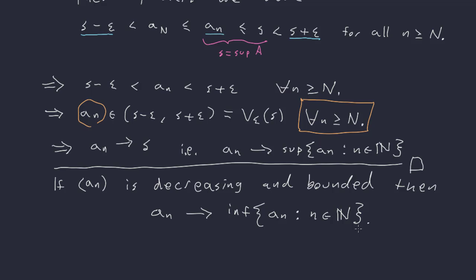So if it's decreasing and bounded below, the only way it can always be decreasing and also be bounded is if it converges to its infimum.